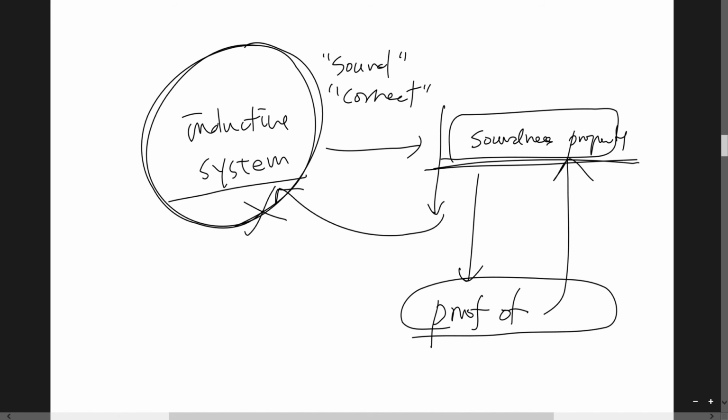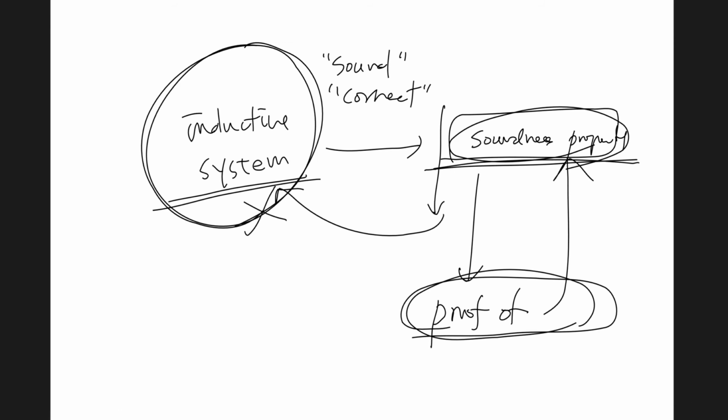What this means is that now you have higher confidence in the correctness of the system. The proof of this single soundness property does not guarantee that the system is perfect. It's just partial evidence that the system is working fine.